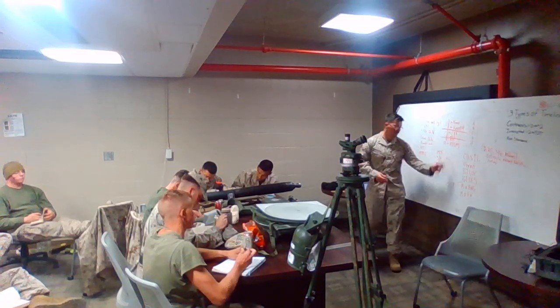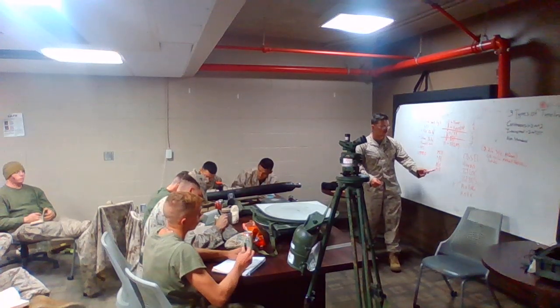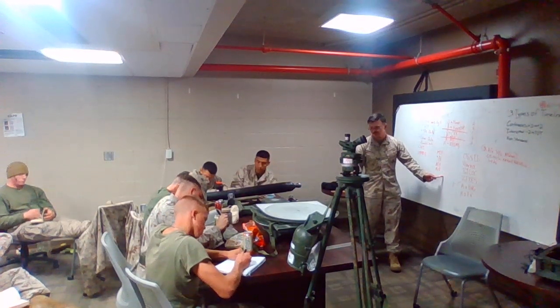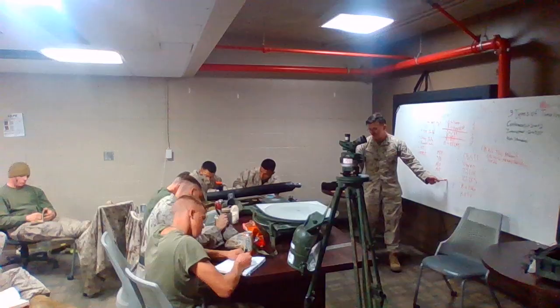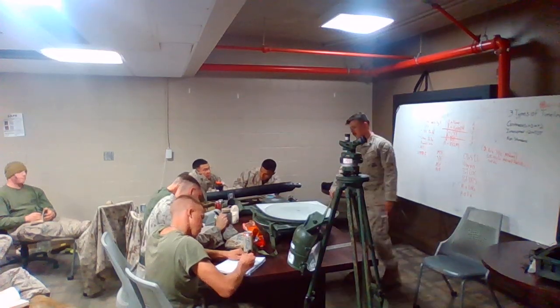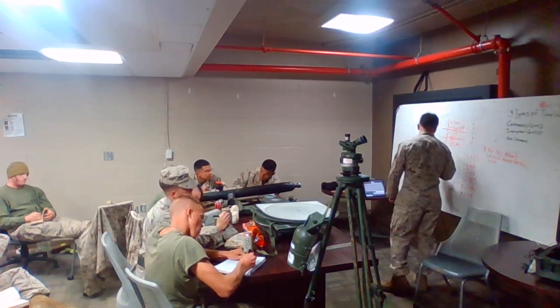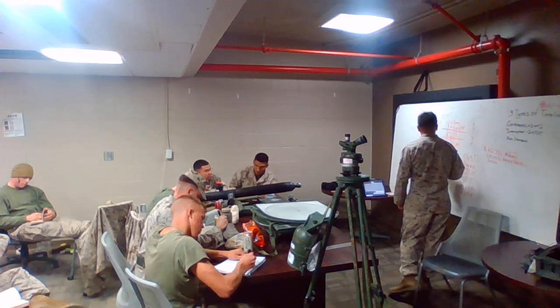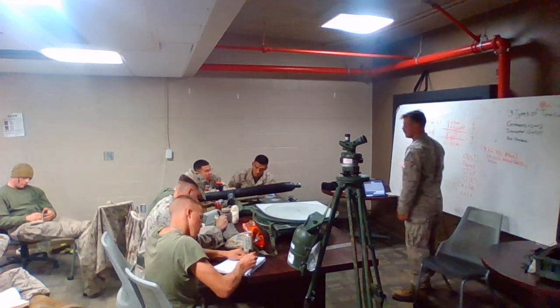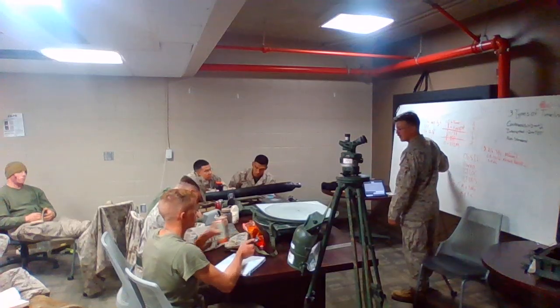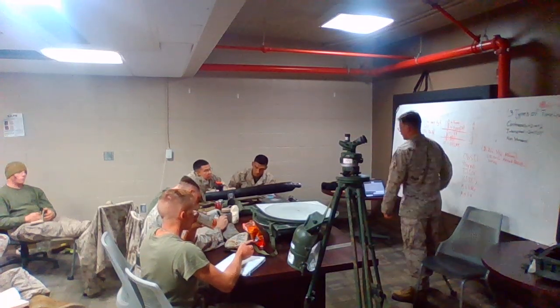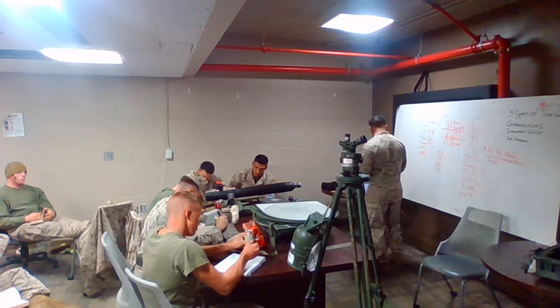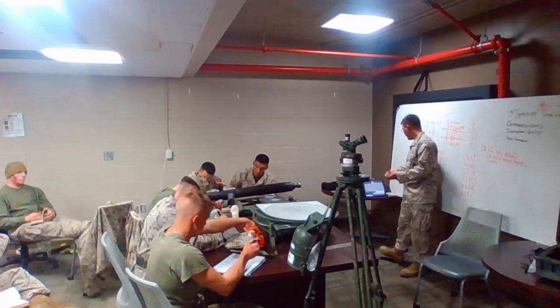So section, firing HE quick, gun 2, 1 in the adjust, 3 in the effect, HED, or HE delay. You can also put that in shell fuse if you want to. So you could say section, firing HE quick in the adjust, firing HED in the effect, gun 2. Make sense? Good.